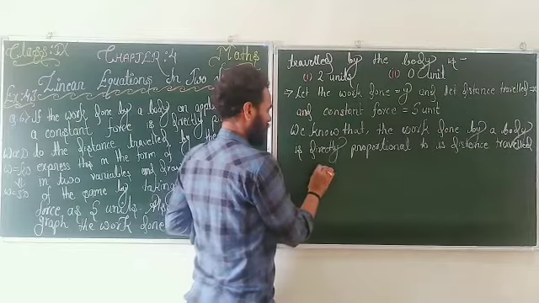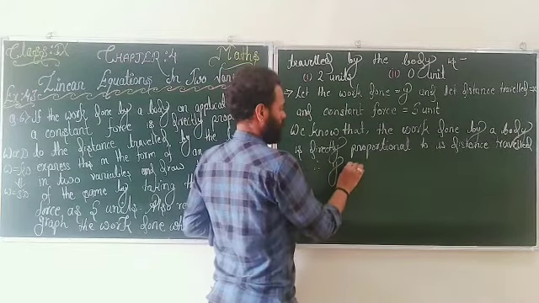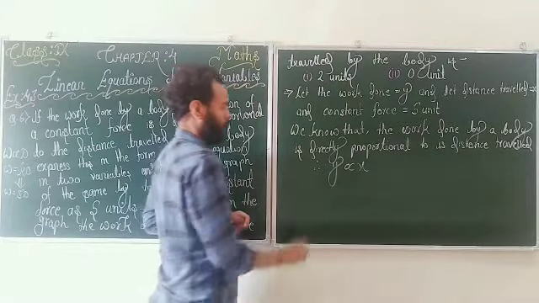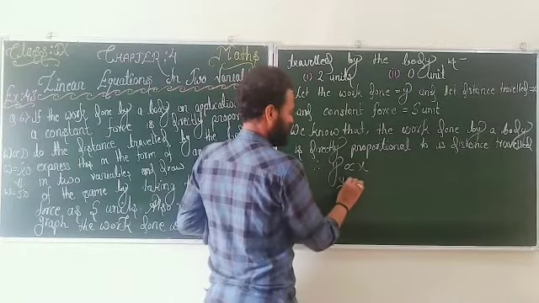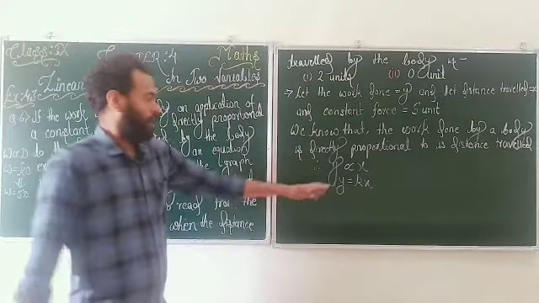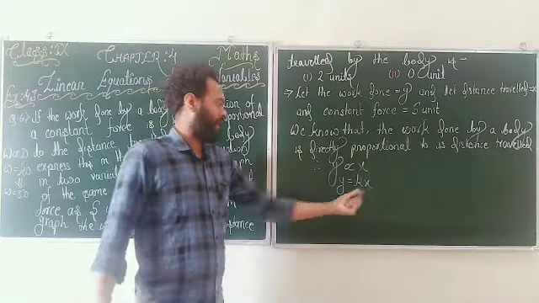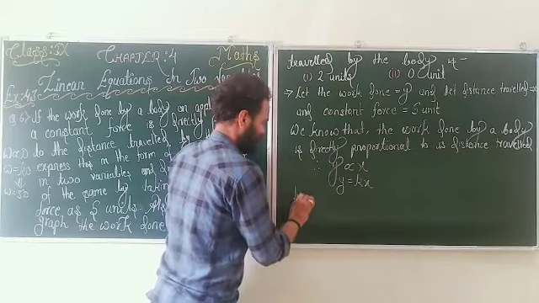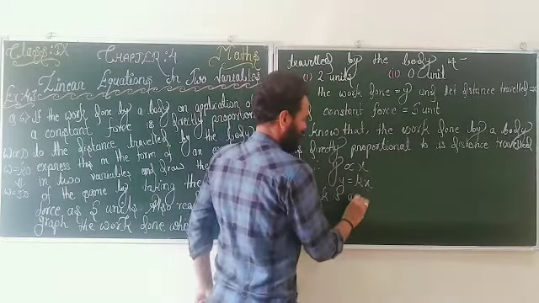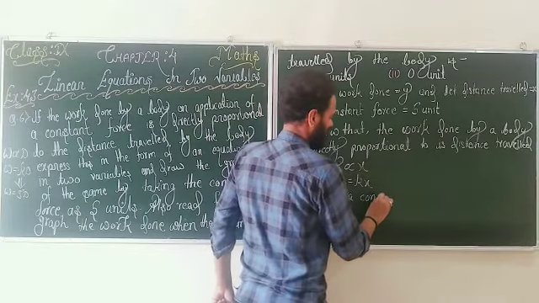Therefore y, which we took as work, is directly proportional to x. When we remove the sign of the proportionality, we use a constant term. y is equal to kx. k is a constant force.